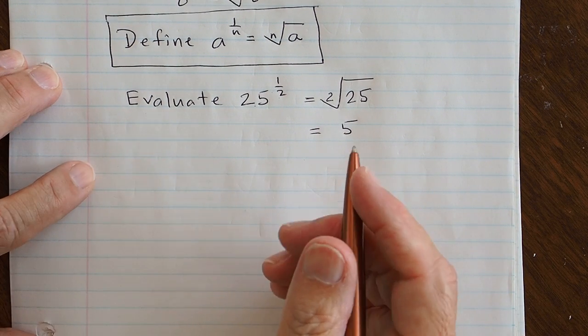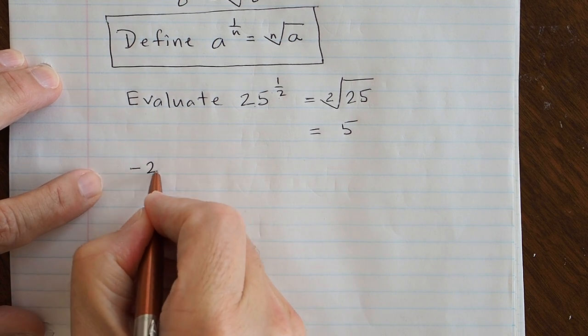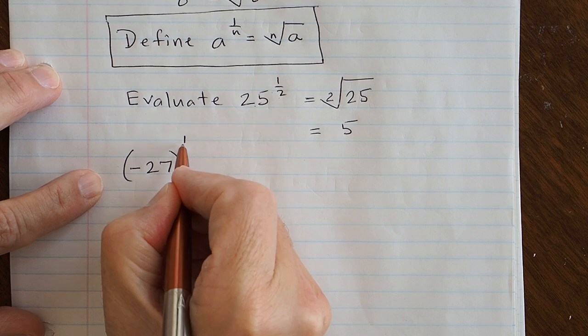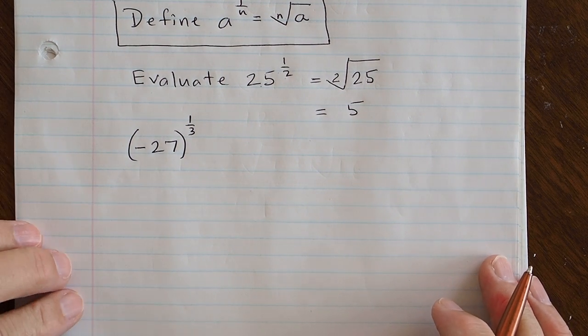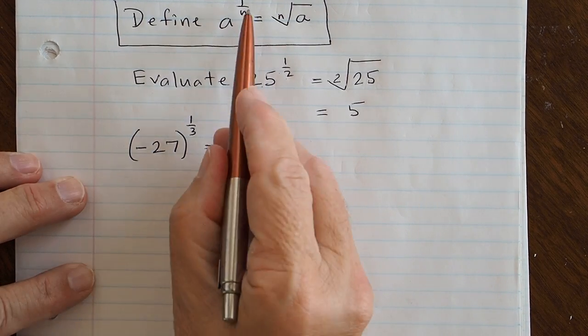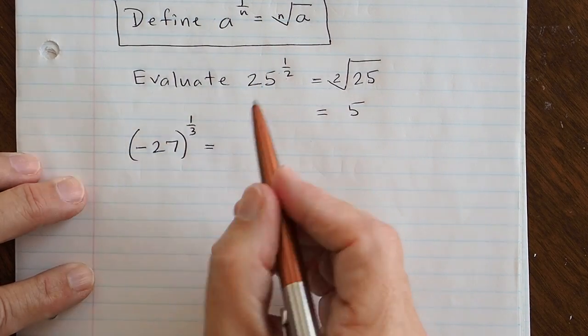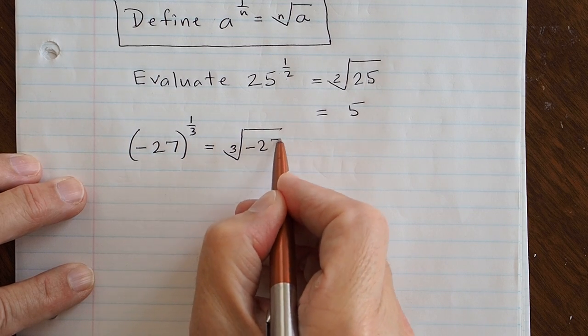Another example would be negative 27 to the 1/3. The negative sign is not a cause for concern. The question works out just fine. So viewing this as the left-hand side of our rule, this would be the cube root of negative 27.